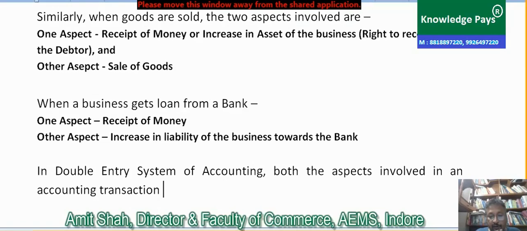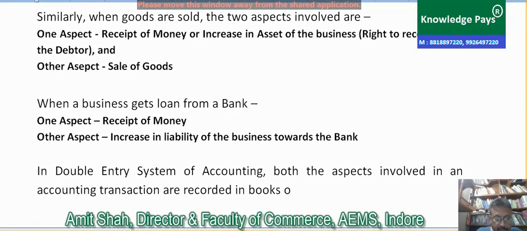So in double entry system of accounting, both the aspects involved in an accounting transaction are recorded in books of accounts.